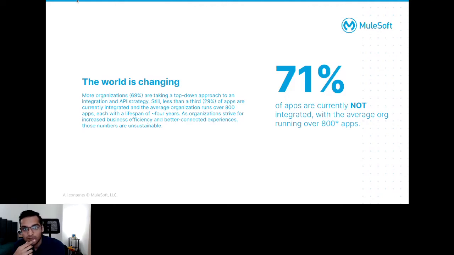Okay, so going back to the idea of why integration is still an important problem to solve, yes, through CloudHub and through other integration platforms that we have, it is great that enterprises are able to connect their applications and their own systems, but more and more we are getting into this complex world of different products.